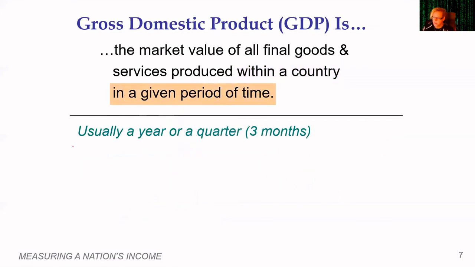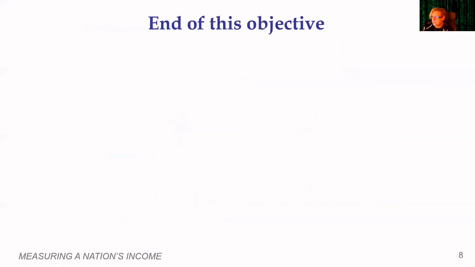I used quarters previously because that's exactly how we report GDP when we're looking at it. We're going to look a little bit more at GDP in the next objective. Right now, you should have a pretty good handle on what we mean by gross domestic product: the final market value of all goods and services produced in a country in a given year. I'll see you next time. Thanks.